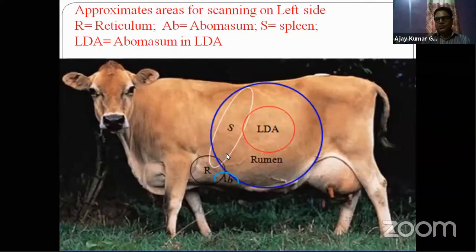This is the area for the spleen, and the rest of the remaining abdomen on the left side is occupied by the rumen. In cases of left displacement of the abomasum, this red area is occupied by the abomasum. The abomasum is not normally seen here, but in case of left displacement, it can be detected here.